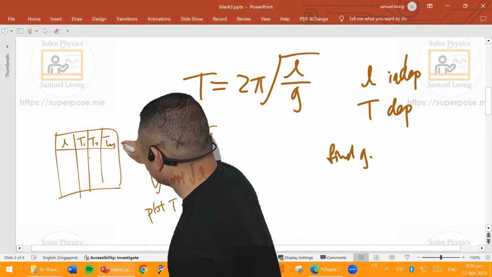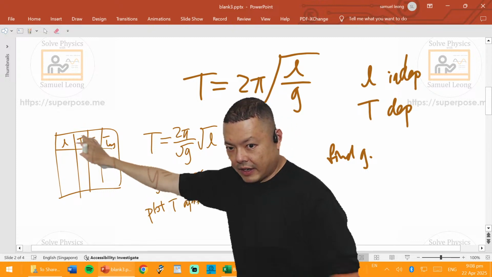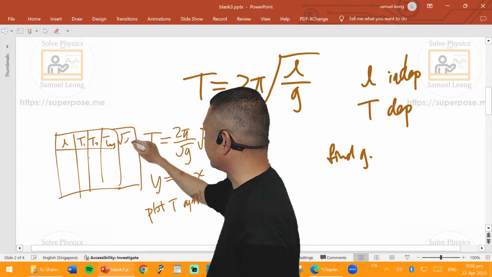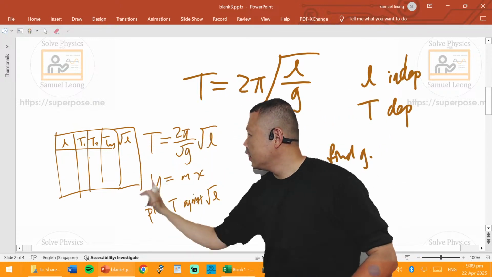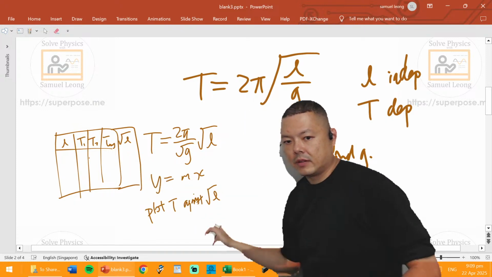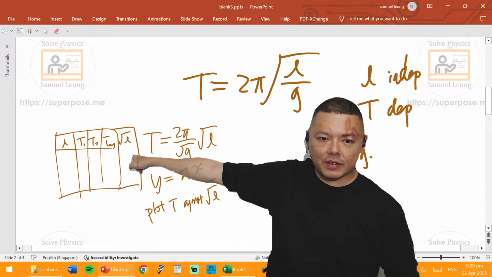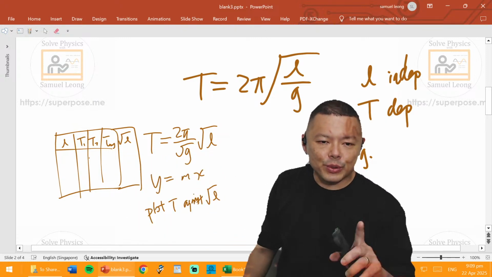Correct or not? But once you find T average ready, you still have to create another column called square root of L. Then you plot the T against square root L. Your job is to create that column with the square root of L. And you have to do that in Excel, which I'll show you in a while.